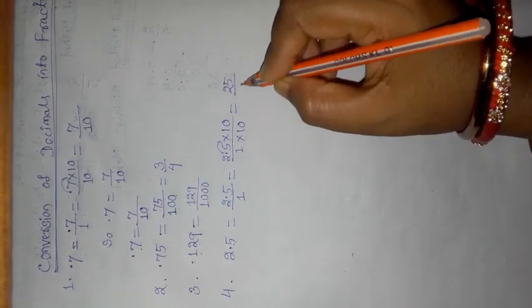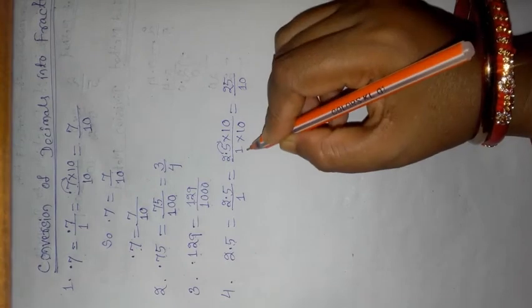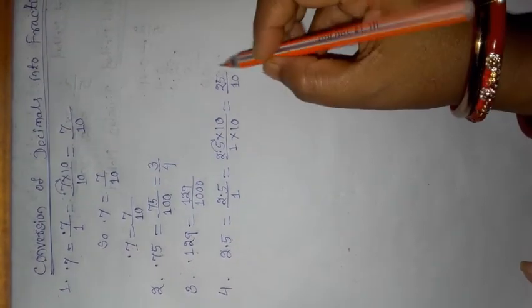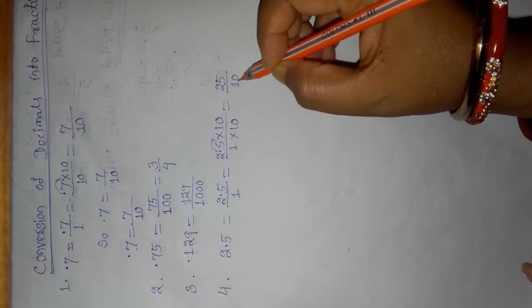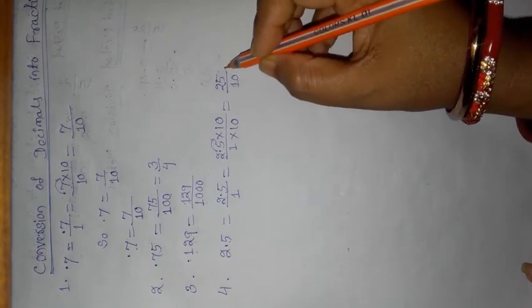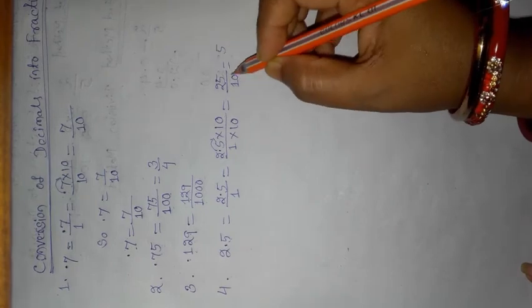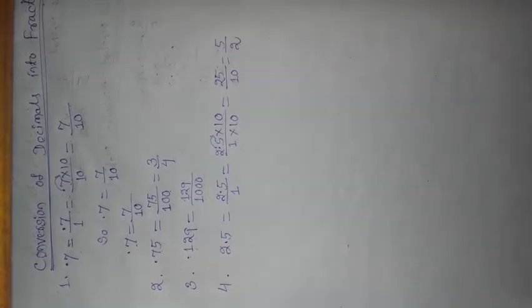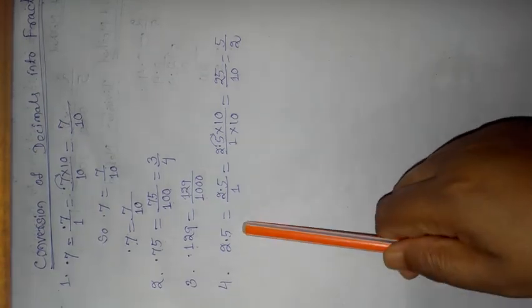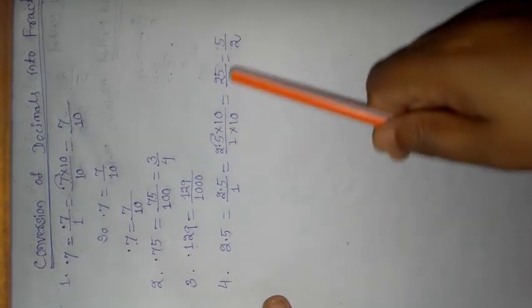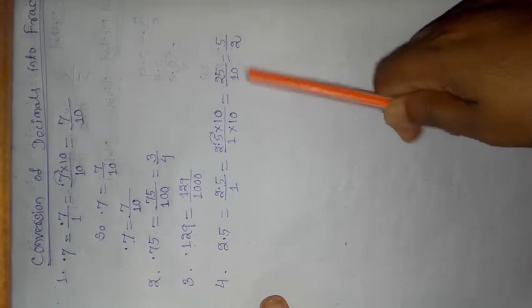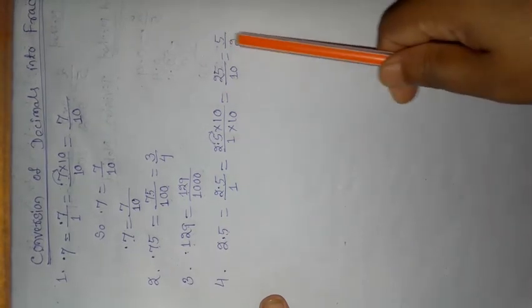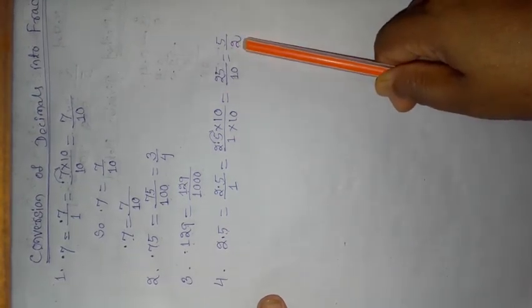Then write down 10 in the denominator. 1 into 10 equal to 10. We can convert it into its lower form. If we divide by 5, then 5 fives are 25, 5 twos are 10. So 2.5 equal to 25 by 10, or we can say that 2.5 equal to 5 by 2.